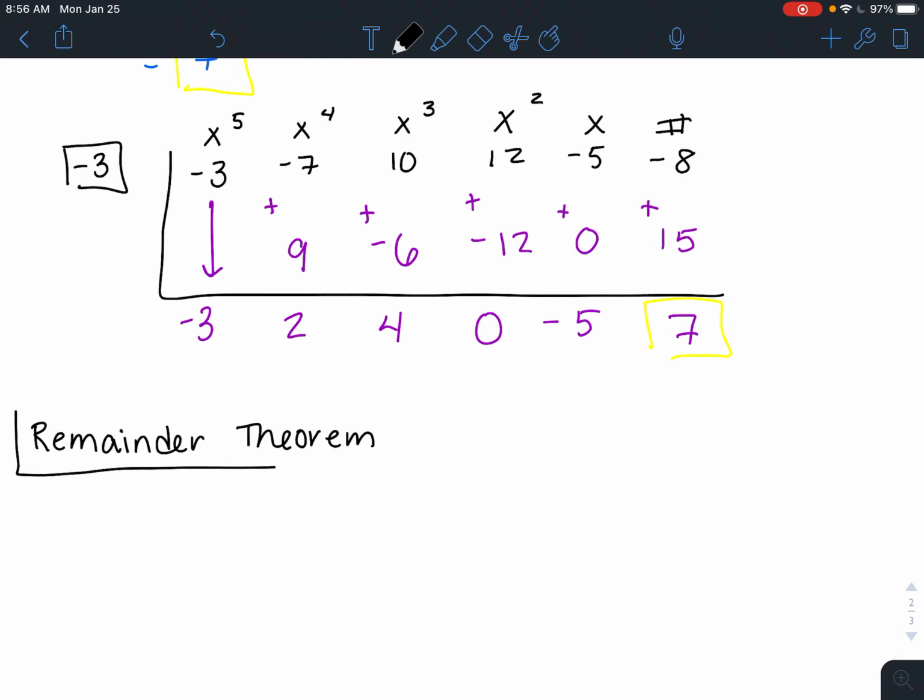Now, of course, the remainder theorem, it's a math theorem, so right, the actual technical definition is a little bit more formal, it's got a lot of math words in it, right? We're going to boil it down and make it really simple.